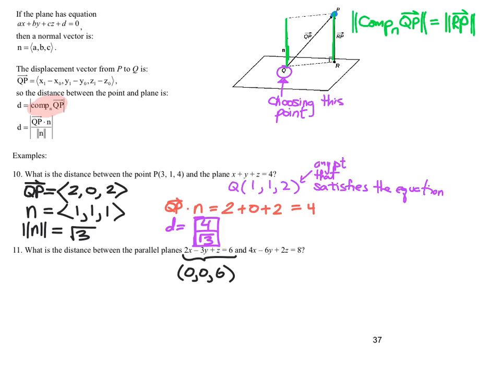So that's what we're going to call point P, because if I find the distance between a point on one plane and the other plane, so not a point on one plane and a point on the other plane, a point on one plane and the other plane itself, then I will have found the distance between the two planes.